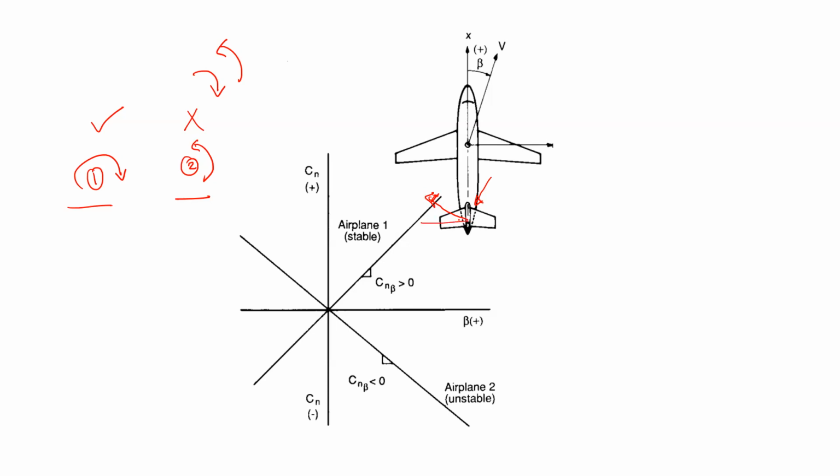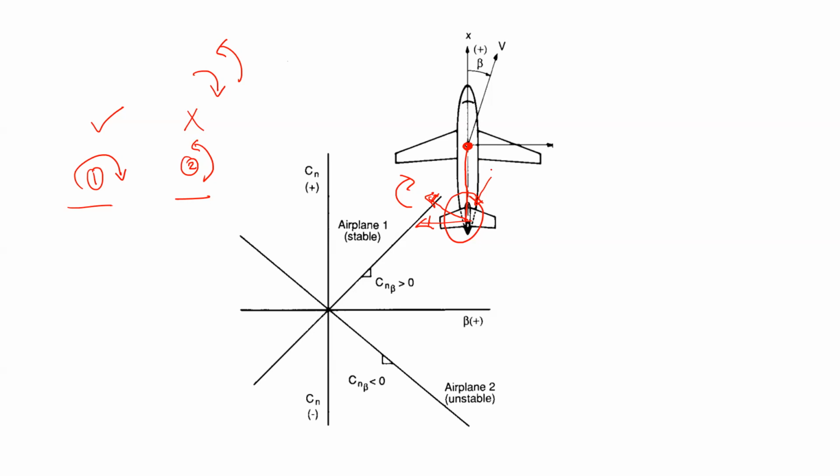When you take a moment about the CG, it makes this aircraft rotate like this. So if there is a vertical stabilizer, the aircraft naturally has this directional stability. You just put a small wing vertically, and whenever beta comes, it'll make sure that beta becomes 0.